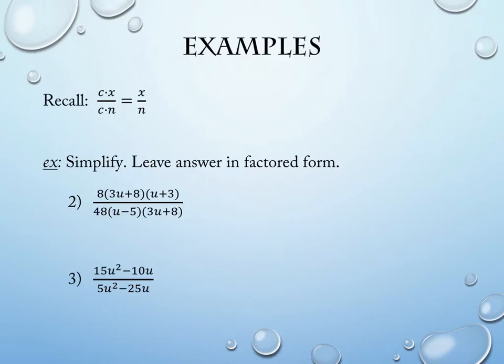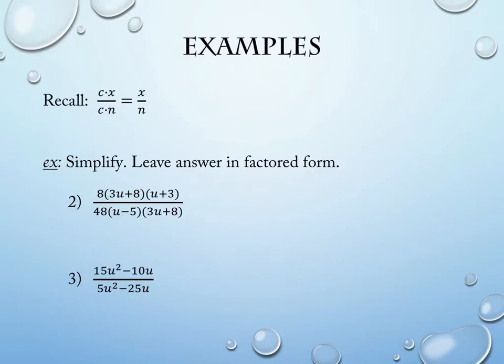That includes numbers, so we don't want to forget about the 8 and the 48 in front, but it also includes entire factored pieces. I can't cancel terms. If I had a plus 2 at the end and plus 2, there's no canceling out plus 2s. That's not a factor, that's a term. I'm looking for pieces in factored form that I can cancel.